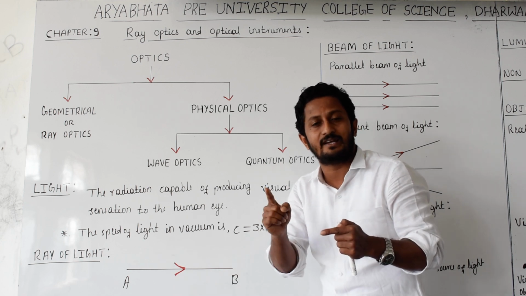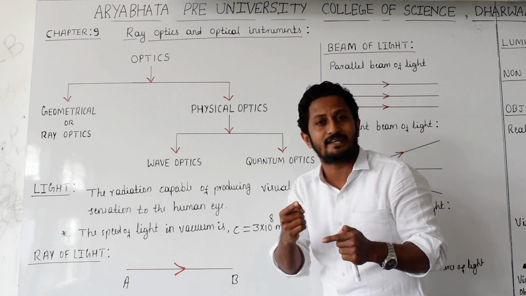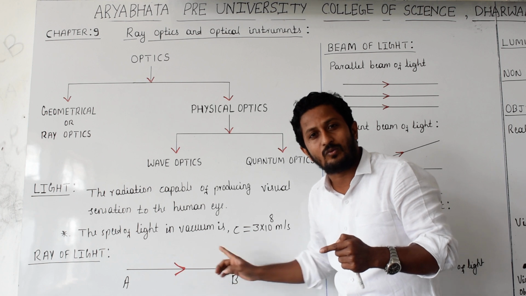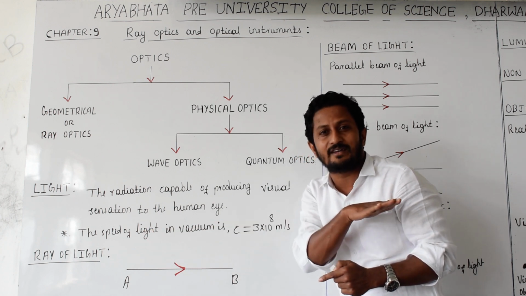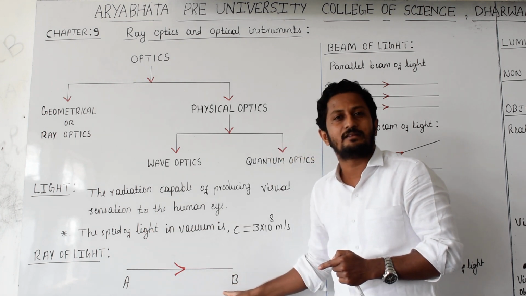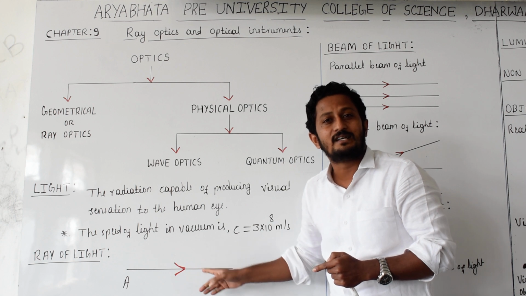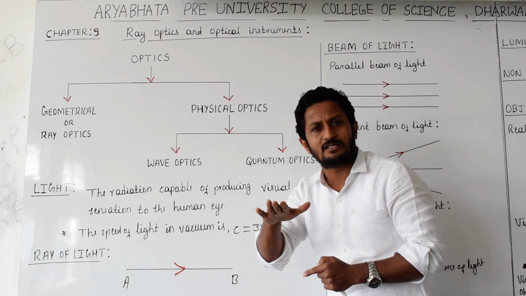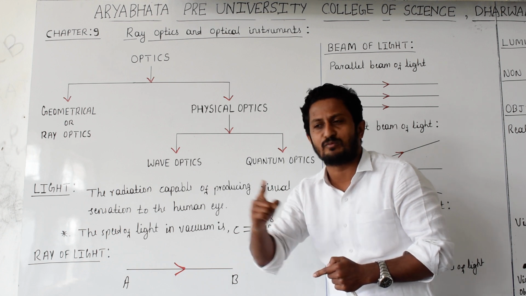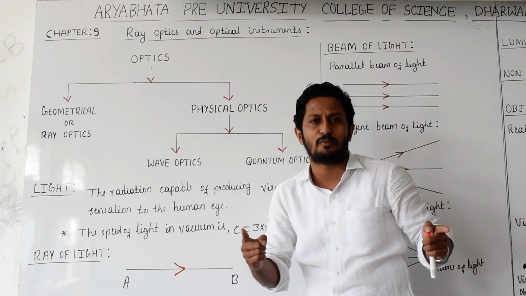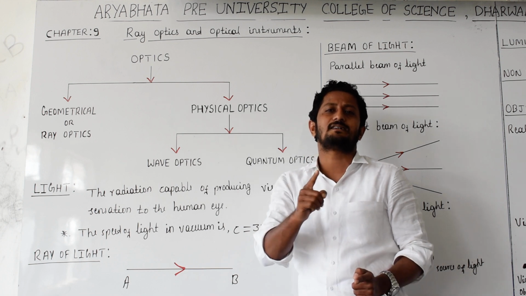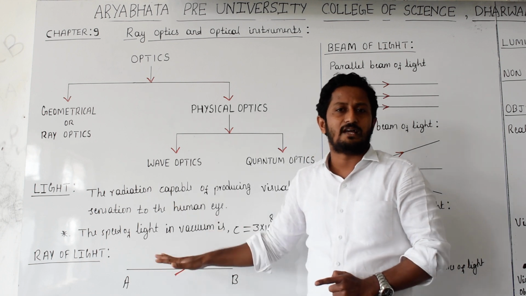The arrow mark tells from where to where that light ray is moving. Now that light ray is moving from A to B. While moving, it obtained a straight line path. This we call a ray of light. Have you understood? The path obtained by the light when moving from one point to another point in a homogeneous medium is called a ray of light.